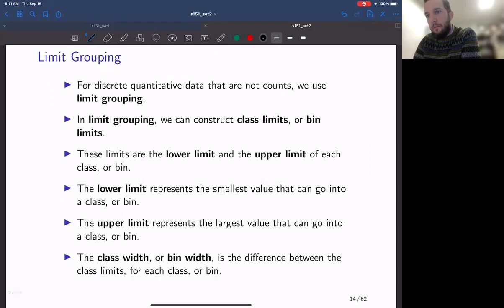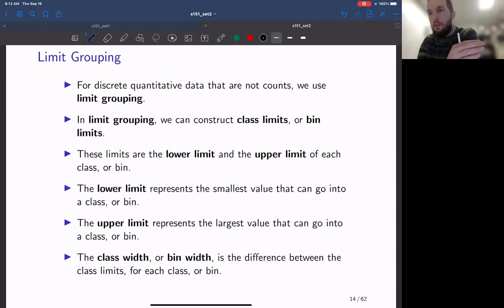So the next type of binning method is called limit grouping. Limit grouping is also utilized when we have discrete quantitative data. However, in this case, we would have a high number of unique values and a low number of repetition. All right, so for discrete quantitative data, we have two binning approaches: single value grouping and limit grouping.